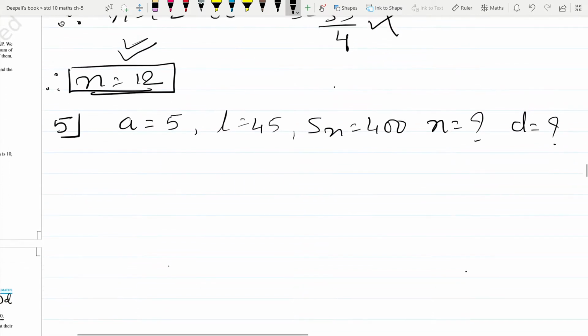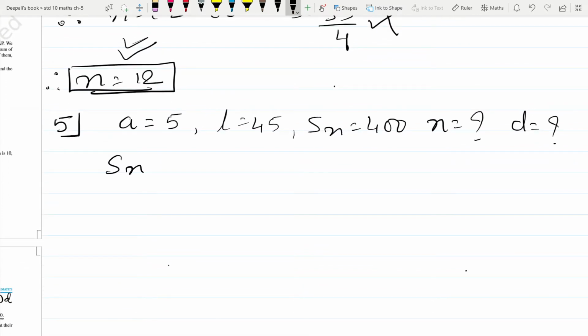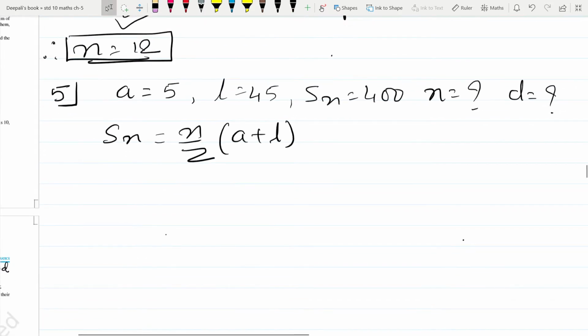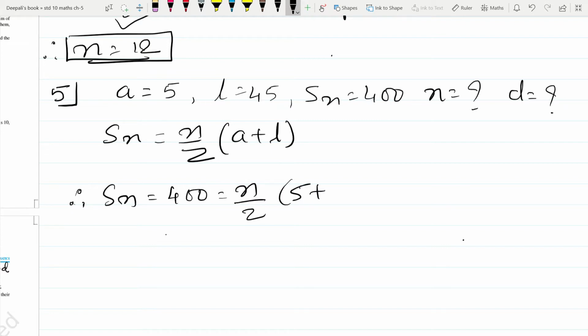Now we have one more formula of Sn, which is using the last term and A. So I get Sn is equal to 400 is equal to N upon 2 into 5 plus 45. Therefore, N is equal to 16.